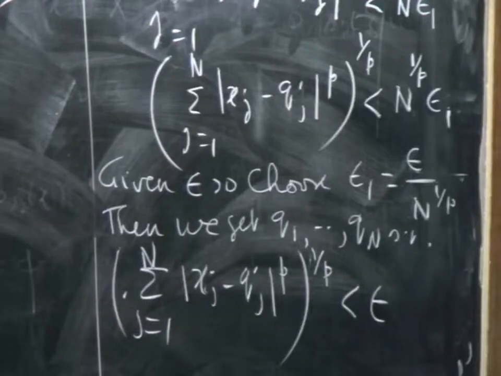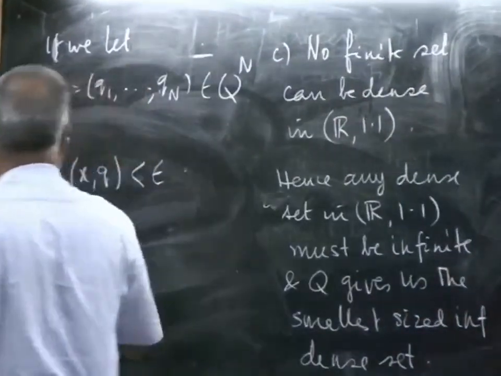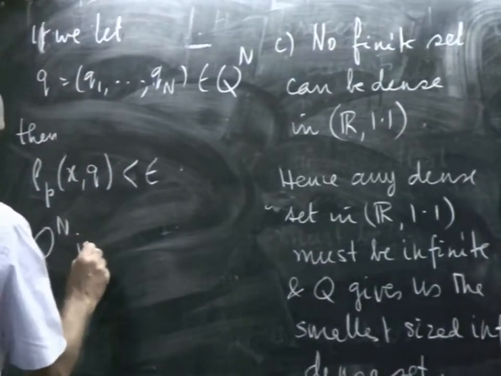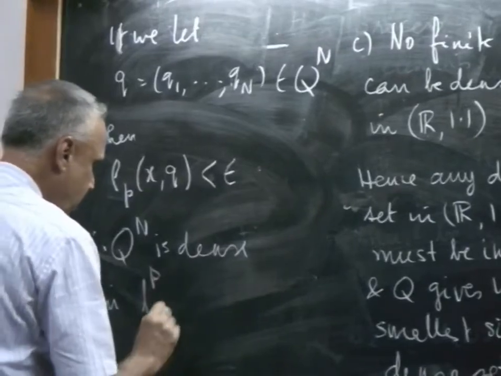So once again, given any vector and any error, we are able to approximate it by a vector in Q to the power n within the error epsilon. So therefore Q to the power n is dense in L p n R.